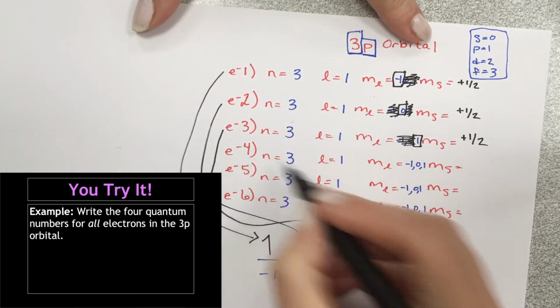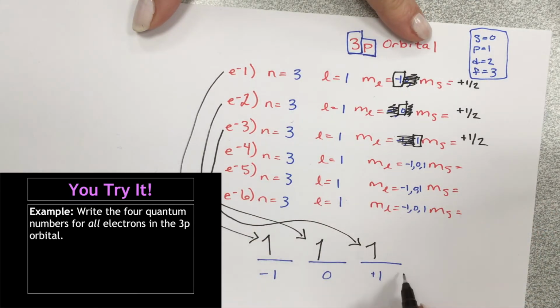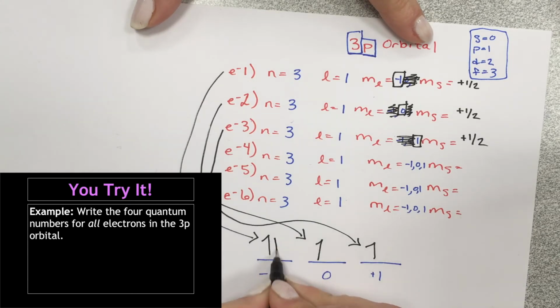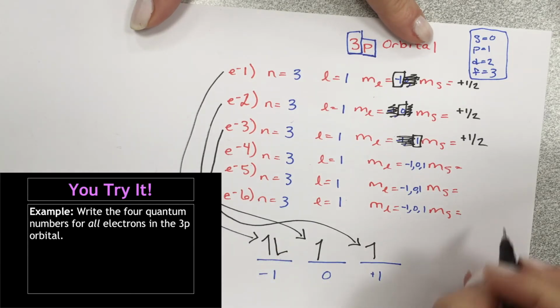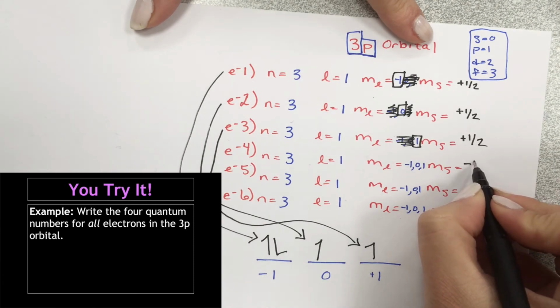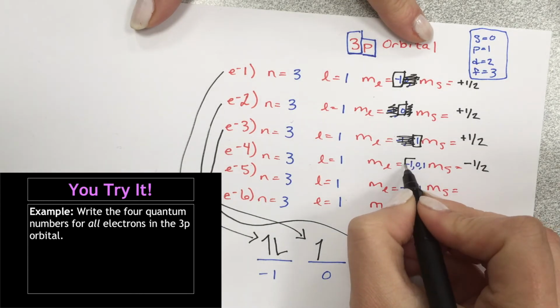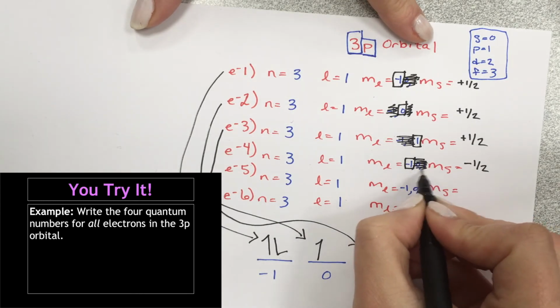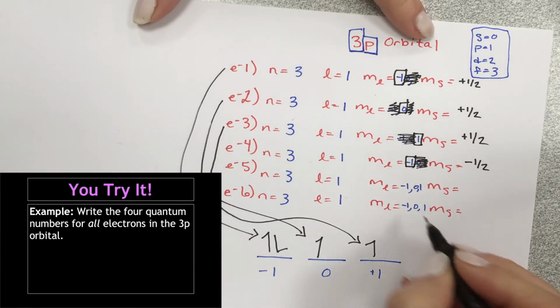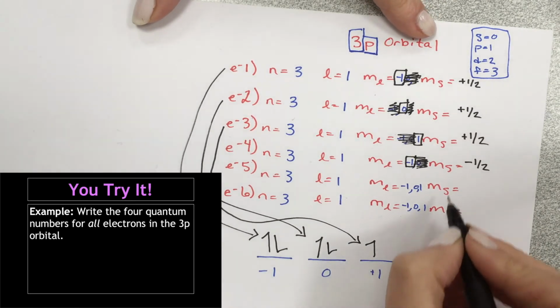And then looking at the 4th electron, we filled 1 electron in each orientation. So now we can go back down and fill our down arrow, okay? So that means it's -1/2. It is spinning down, and it's in the -1 orientation, okay? Then we move on, we put this one here.